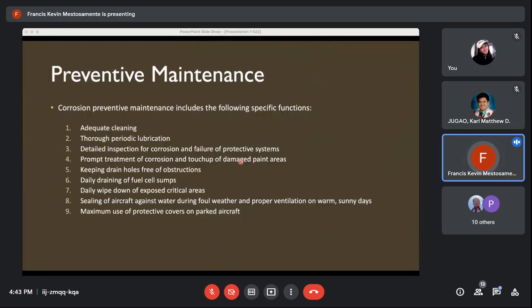Next slide, we got preventive maintenance, very important to combat corrosion. So same analogy on our own. So syempre kung ikaw, hindi mo naantayin na lumala yung condition mo. So hindi na natin aantayin na magkaroon tayo ng sakit, then saka tayo pupunta or magpapagamot with the doctor.